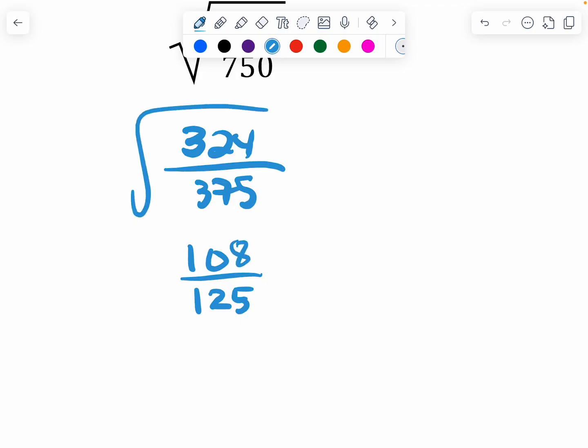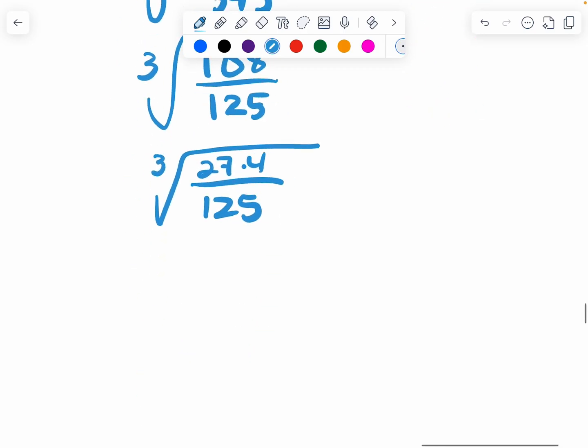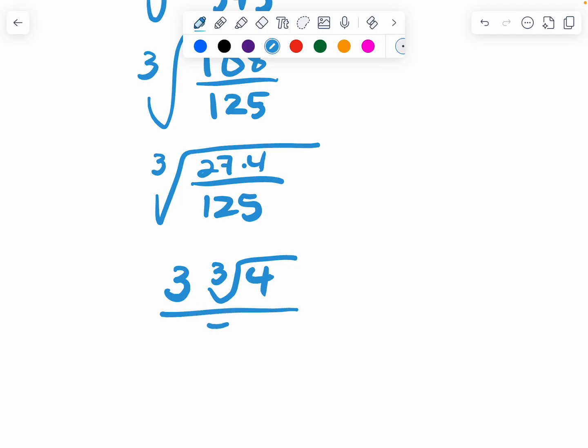There we go. Okay, so 108. Does 27 go into 108? Yeah, 4 times. 27 times 4. So this is the cubed root of 27 times 4 over 125, because 125 is a perfect cube. So on top, I get 3. I get the third root of 4 over 5.